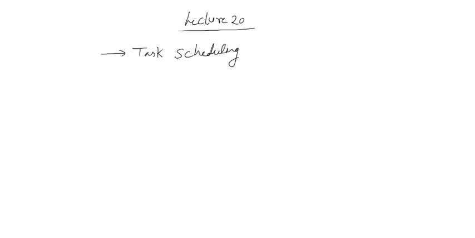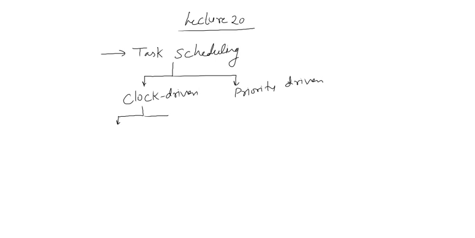In the last lecture, we talked about task scheduling. We divided task scheduling into two major categories: clock driven and priority driven, or event driven. In clock driven, we studied the endless loop, which is basically just an operating system with no kind of scheduling, just automatic schedules.